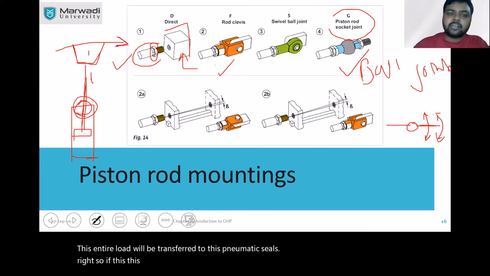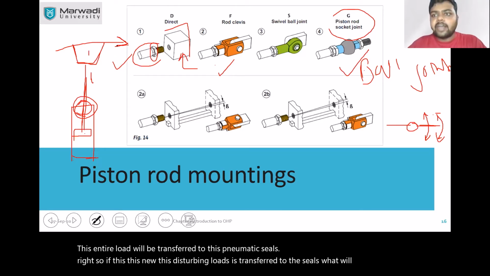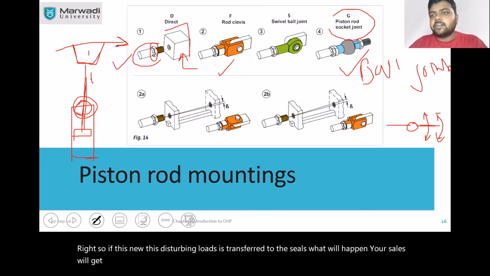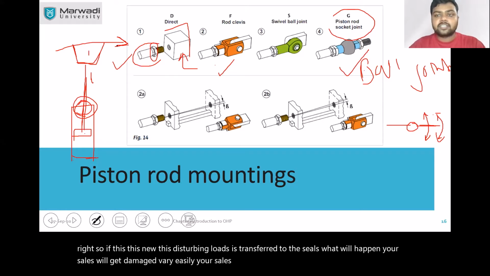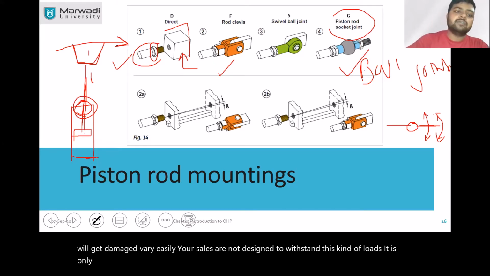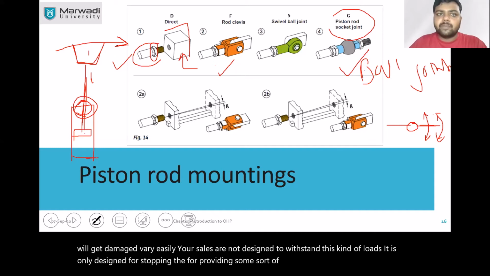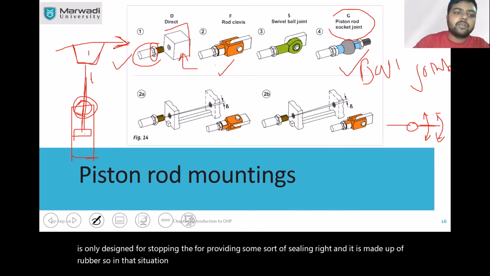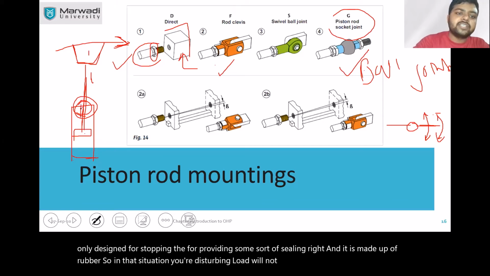Your seals will get damaged very easily. They are not designed to withstand this kind of load. They are only designed for providing some sort of sealing, and they are made of rubber. So the disturbing load will damage the sealing surfaces.